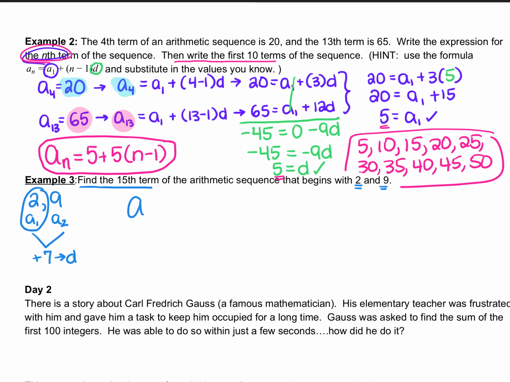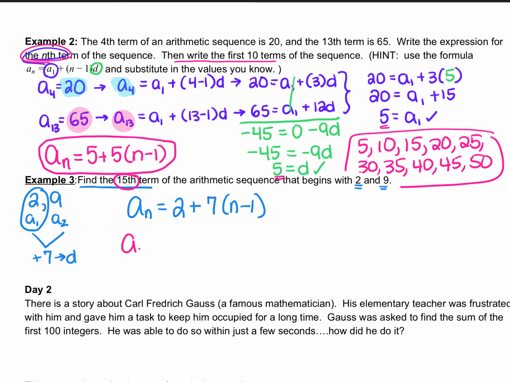So let's go ahead and write the nth term. So I take my first term, which I know because I was given is 2, plus the common difference, which is 7, times n minus 1. Now that's the nth term. That's how we generate any term of the sequence. But here's the thing. I was specifically asked to find the 15th term.